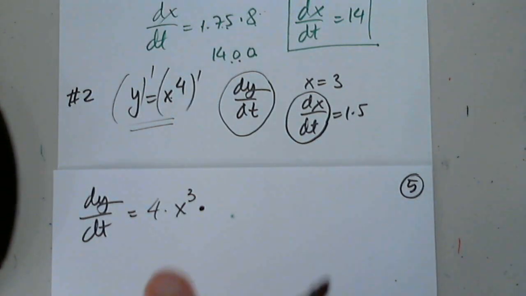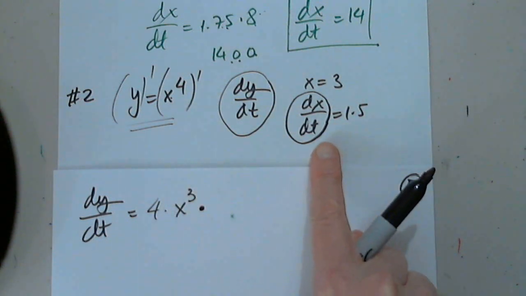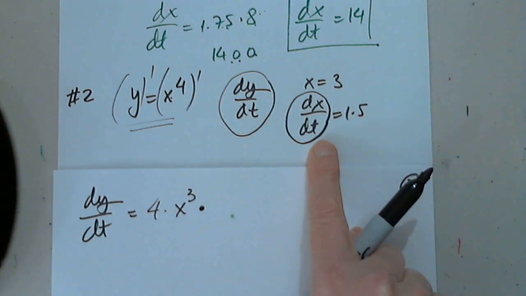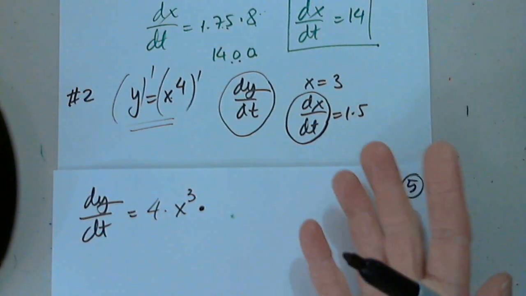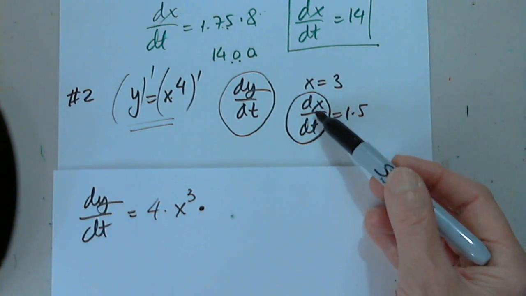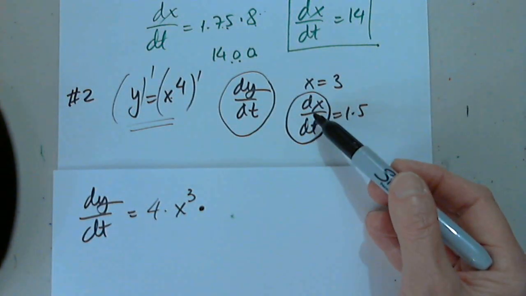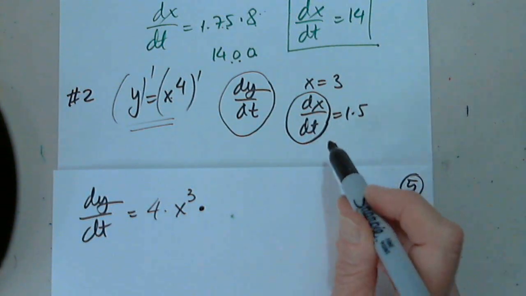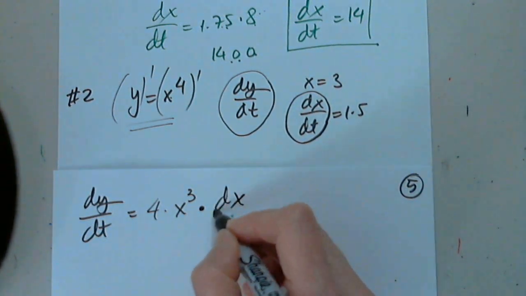Awesome. What should I write for the inner function prime? It's not a square root. Okay, dx over dt. That's it.